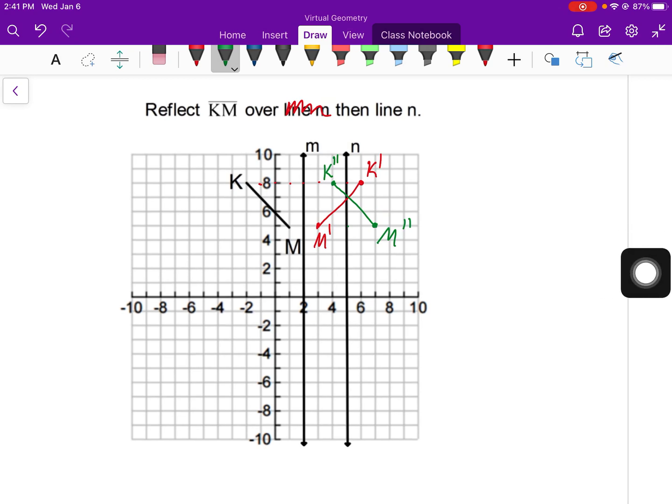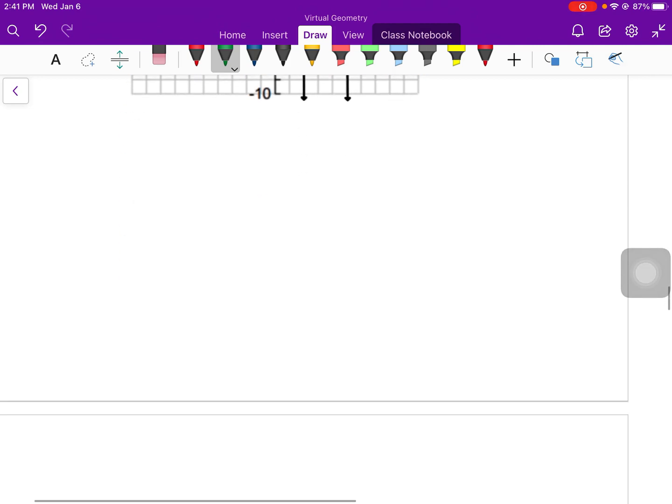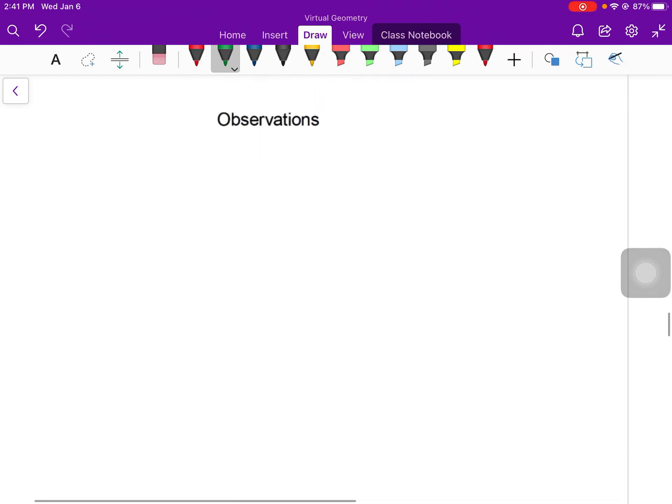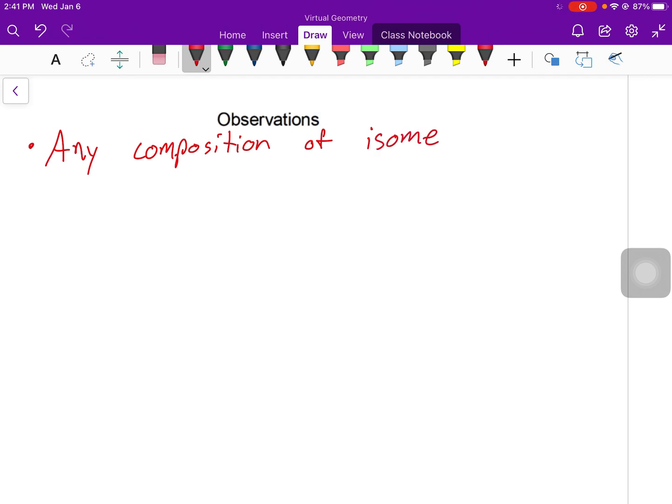Now, there are a few things that we might be able to notice. It says observations on our next slide. The first observation is going to be one thing I already said. Any composition of isometric transformations is isometric.